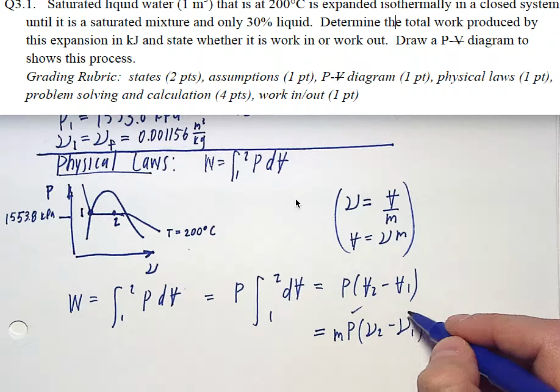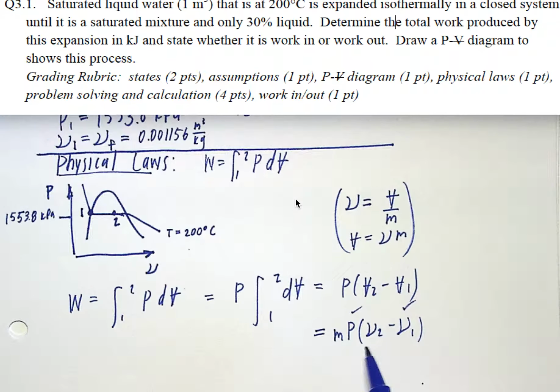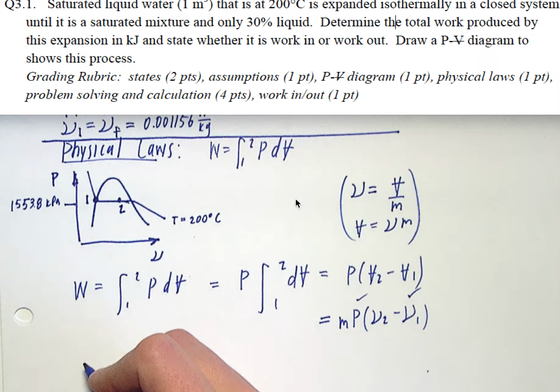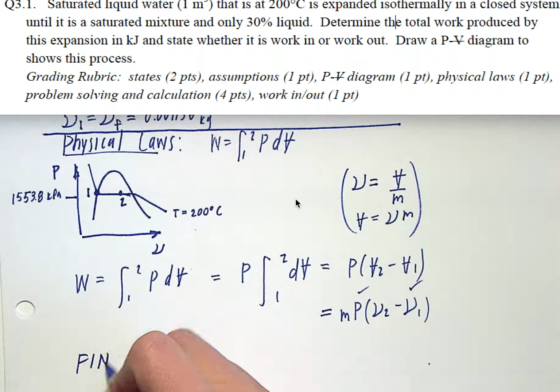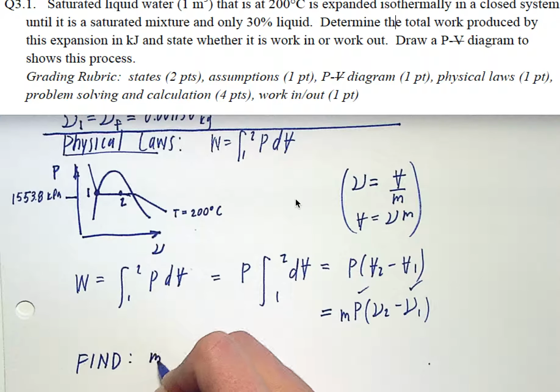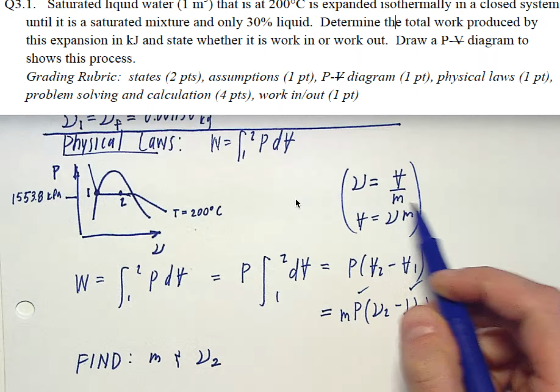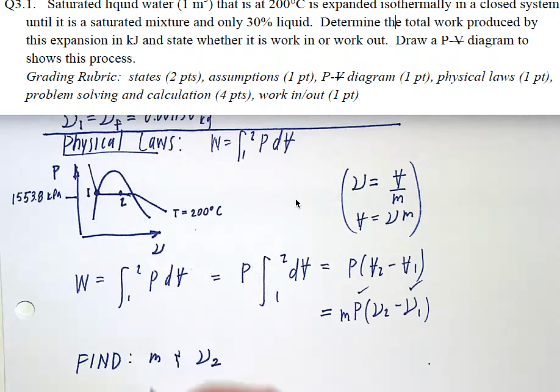We looked up the specific volume 1. We need to find specific volume 2. So we have some more work to do before we can plug in. So let's go ahead and find mass and specific volume 2. Let's start with mass. So mass can be determined from this equation here. So mass is going to equal the volume over the specific volume.